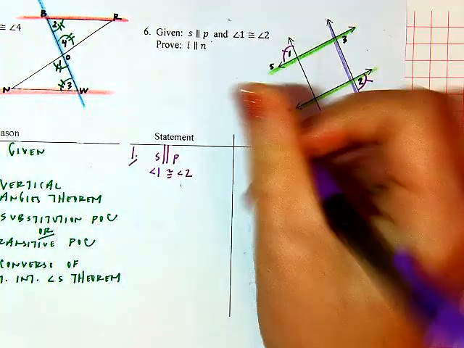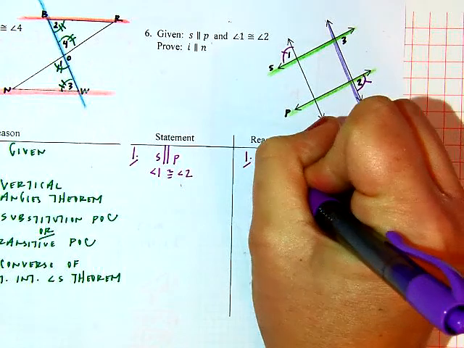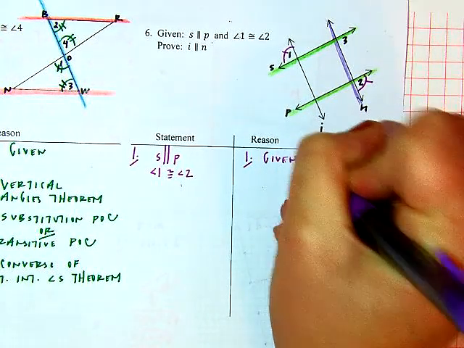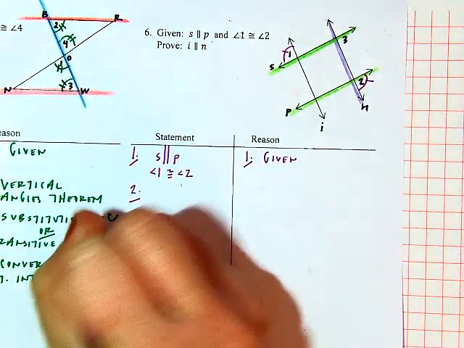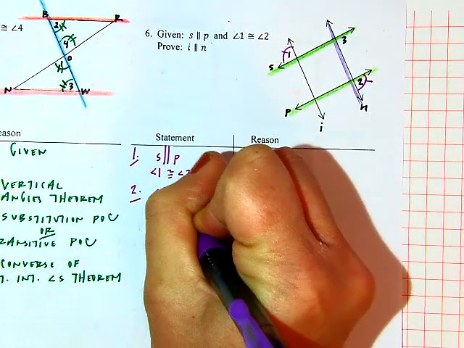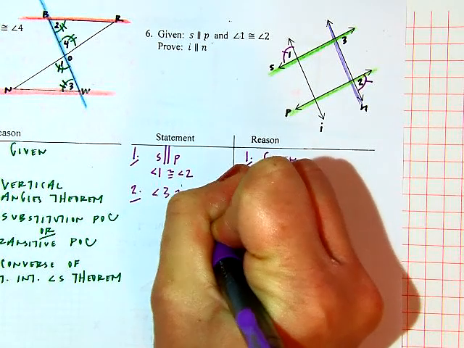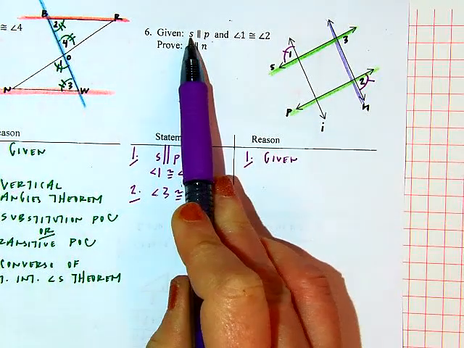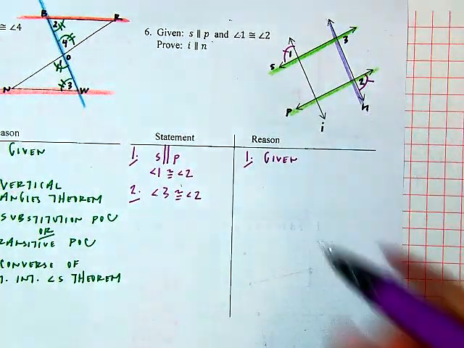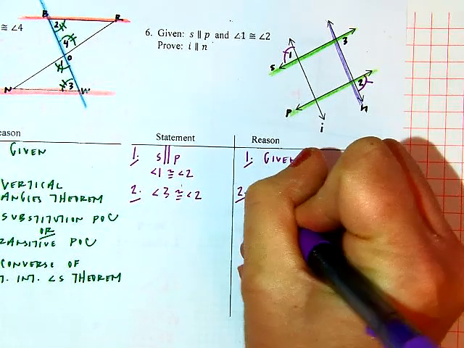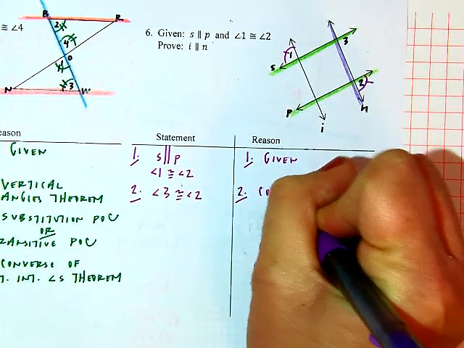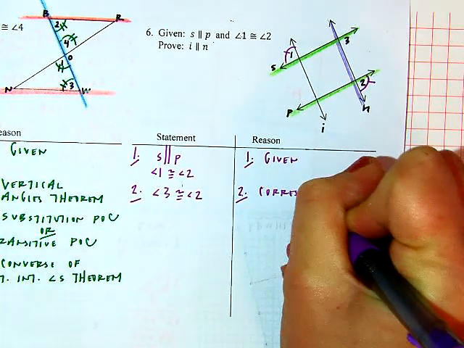So here in step 2, oh, I forgot to write the given. Let me just fill that in first. In step 2, I'm going to say, okay, well, I can connect 3 and 2 because they're corresponding angles, because I knew that S and P were parallel. So corresponding angles postulate.